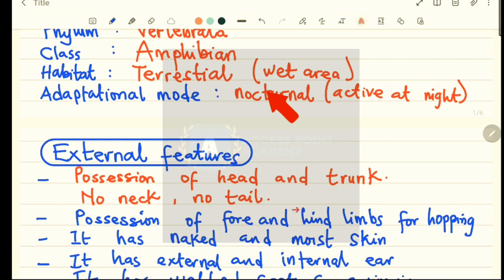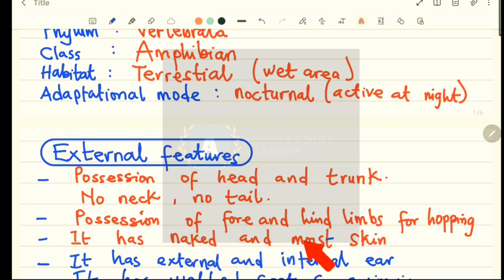Possession of fore and hind limbs for hopping. It has the fore and hind limbs that it uses for hopping. The forelimb is the part of the limb that acts as a shock absorber, so that it does not feel very repulsive while hopping.